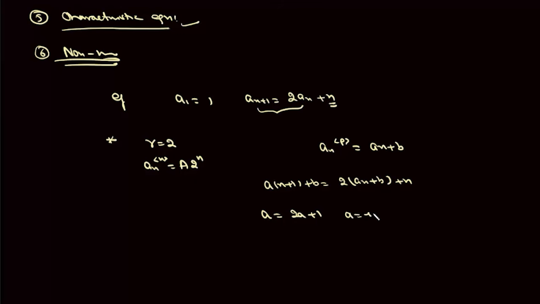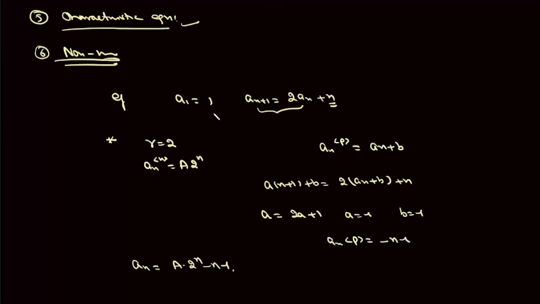So the value of a is minus 1. And comparing the constant term, we'll get a plus b equals 2b, or a equals b. So b is also minus 1. So this a_n^p will be minus n minus 1, or this a_n will be A into 2 to the power n minus n minus 1.